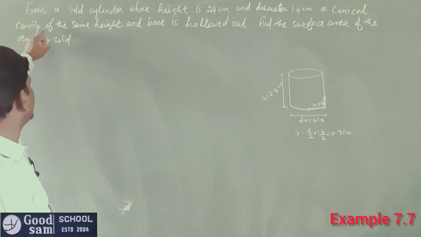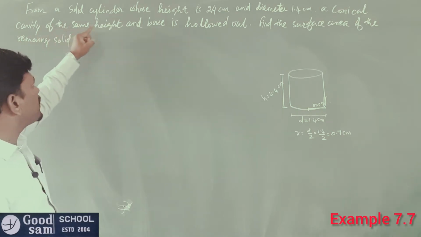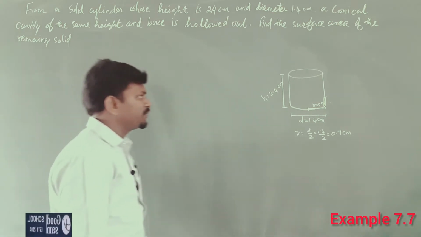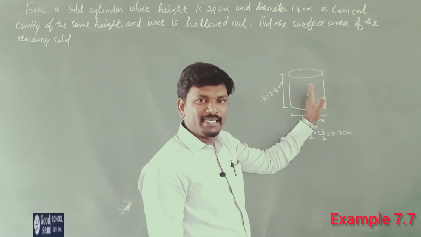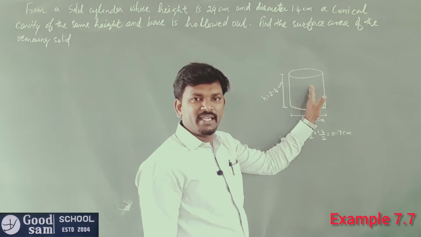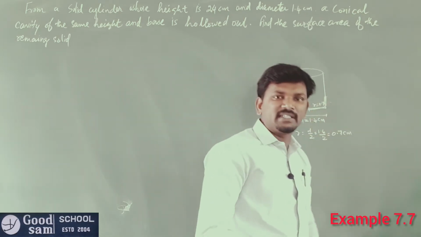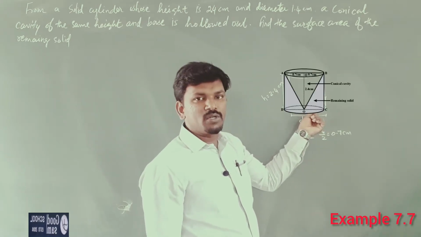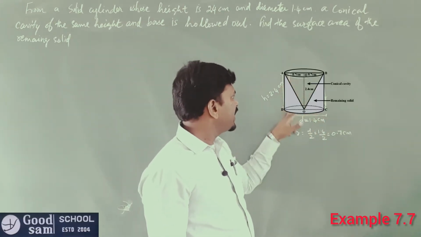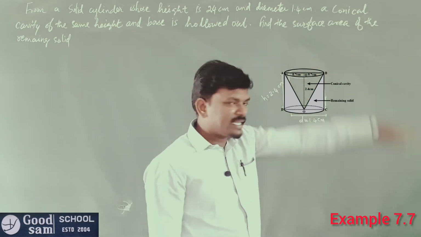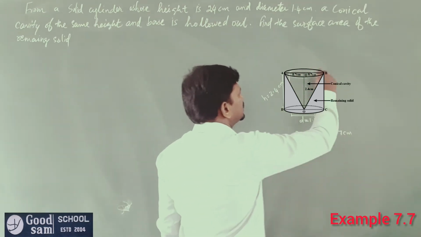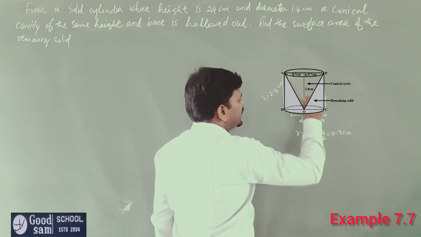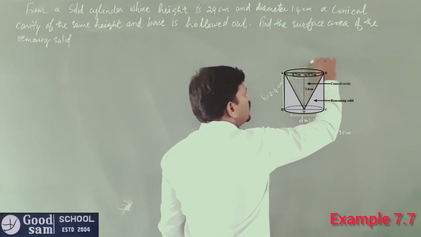A conical cavity of the same height and the same base is hollowed out. So this is a solid, and they are taking a conical part, a cone with the same height and the same base, and taking it away from this cylinder.